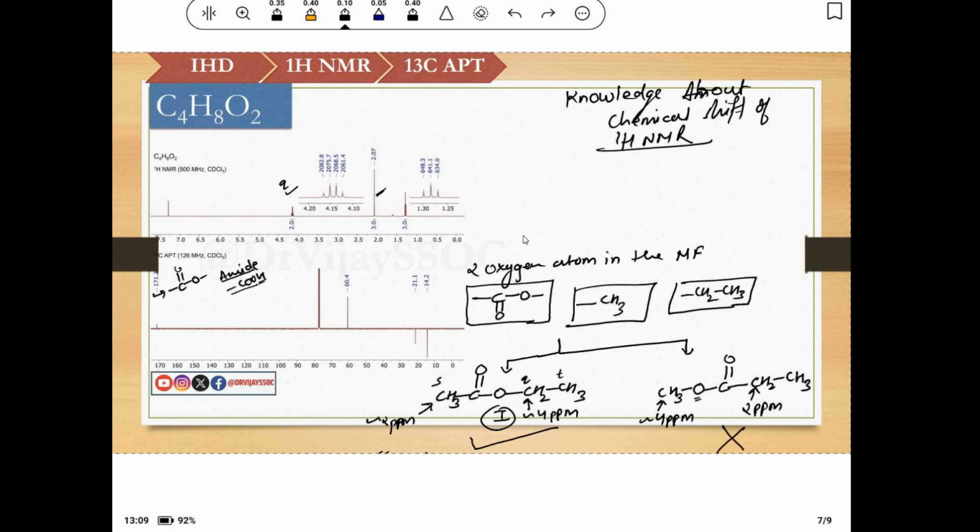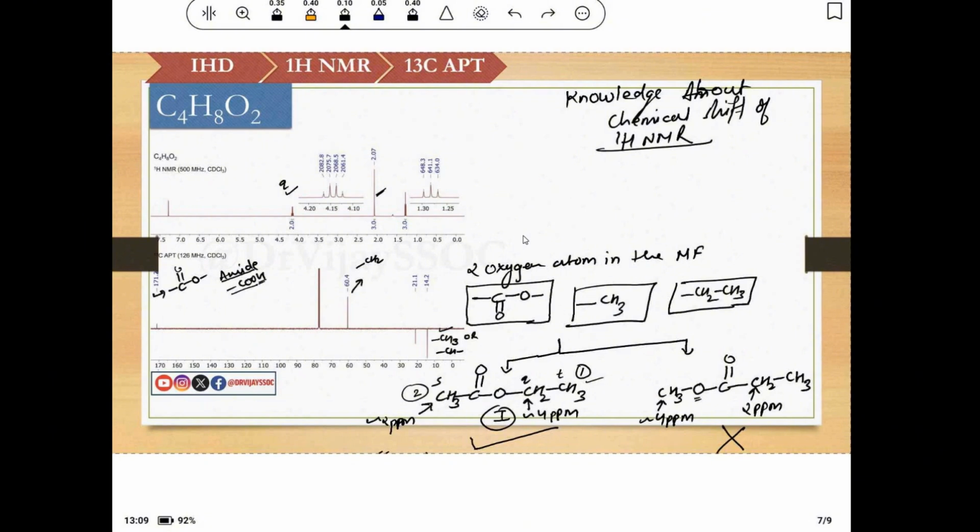Now let's look at this 13C APT also. This value will be for CH2, and these downside signals are for CH3 or CH methine protons. Since we don't have any methine, both belong to CH3. So let's look, we have 2 CH3, yes, this is 1 CH3, this is another CH3.